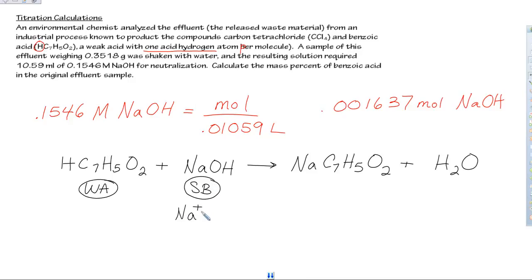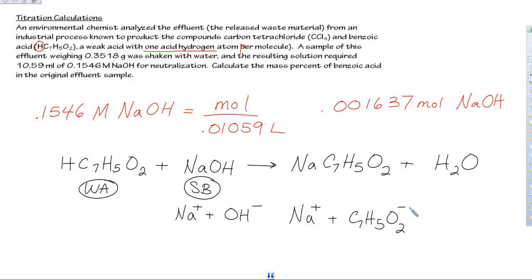Then I would split the sodium hydroxide. That's a strong base. Anything with sodium is aqueous. And on the product side, the sodium benzoate is also a strong electrolyte. Anything with sodium will extensively ionize. And then I do not get to split water.